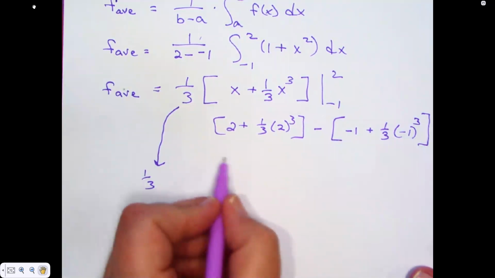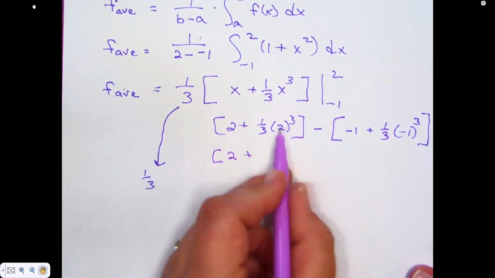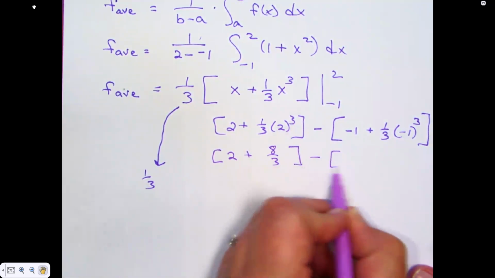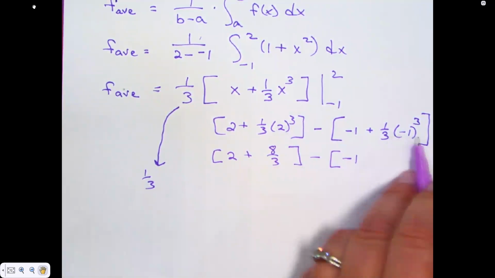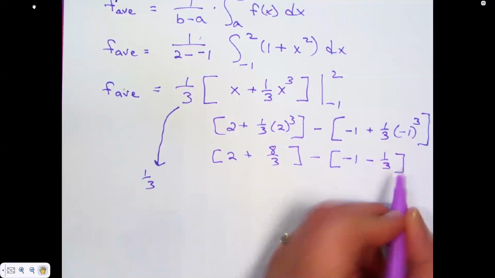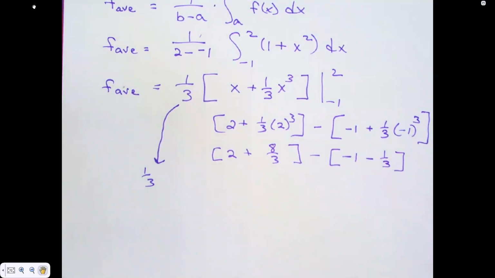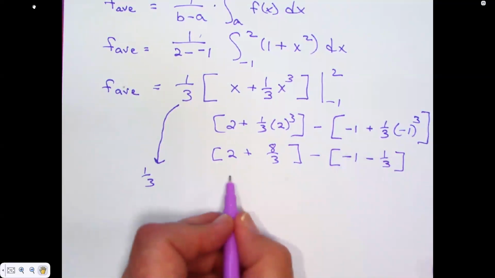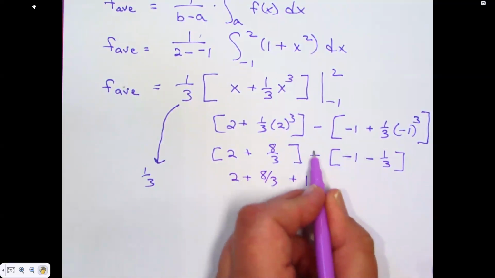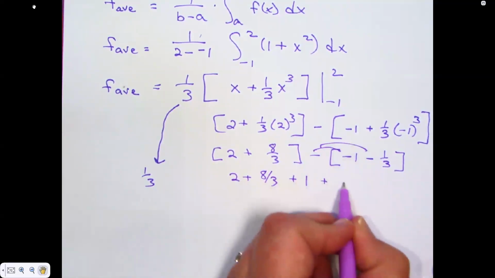So this gives us what? This is 2 plus, this would be 8/3. And then this is -1. And this would be -1/3, because the negative cubed would still stay negative. We could distribute. So we've got 2 plus 8/3 plus 1, and then plus 1/3.